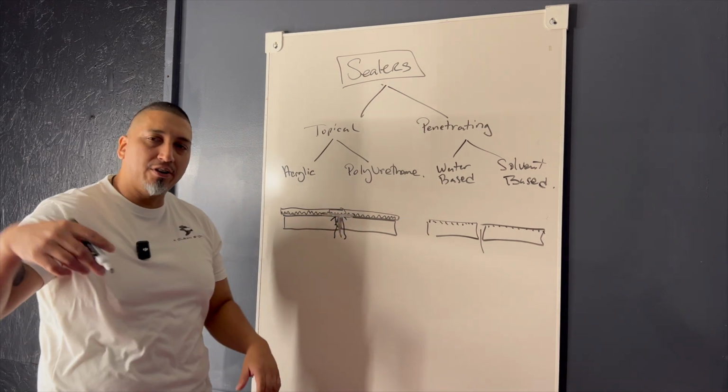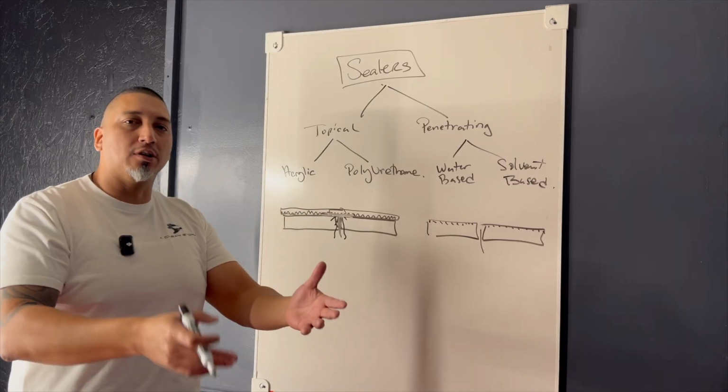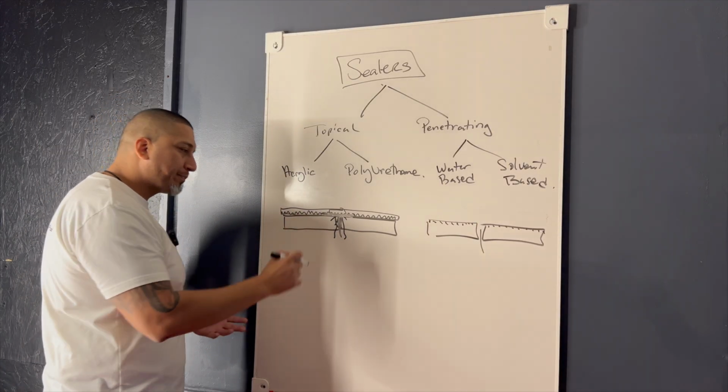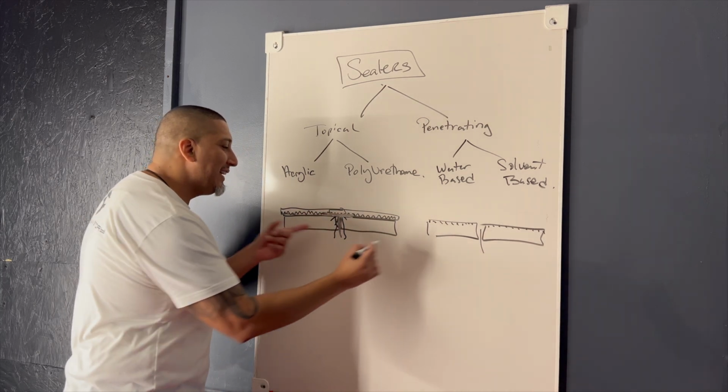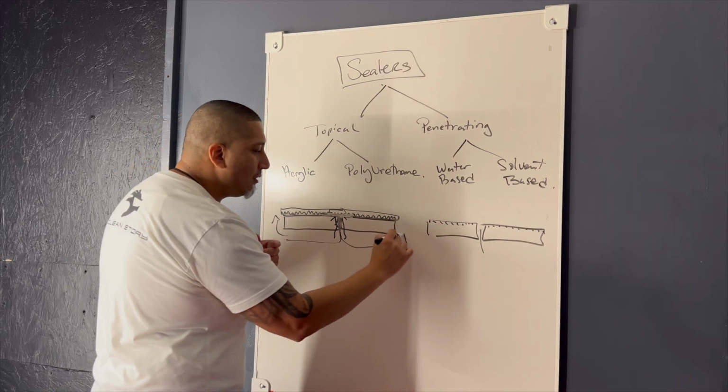I have another video on the channel where I go over topicals versus penetrators, actually showing you the difference and what has happened to a particular tile outdoors. So if you're outdoors, a topical would not be recommended if evaporation is going to occur coming out of any grout joints.